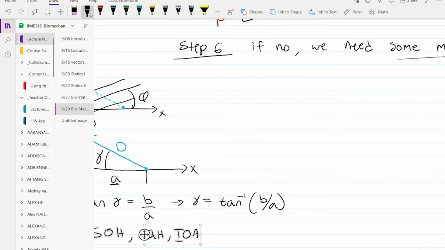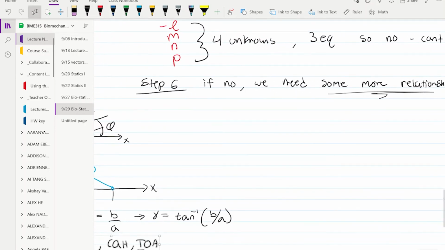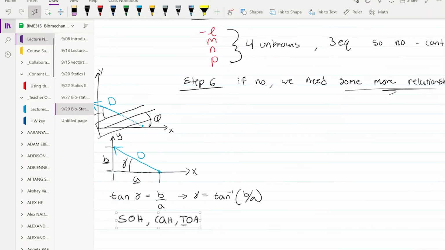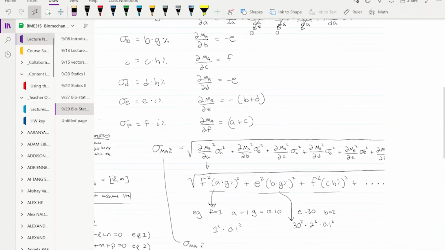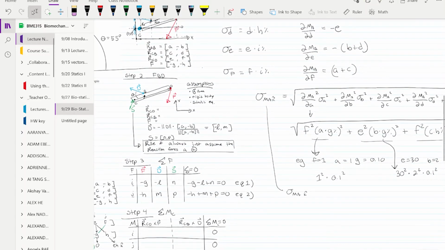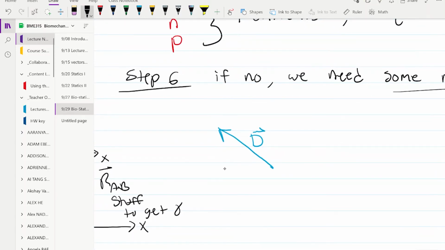Then the relationship between, let's call that this whole thing again. Let's say that's D, and now we want the vector components of D. This is all like RAB stuff to get gamma. But if we wanted to actually find the components here, which is negative LM, we want to know L, and we want to know M, and we know gamma.